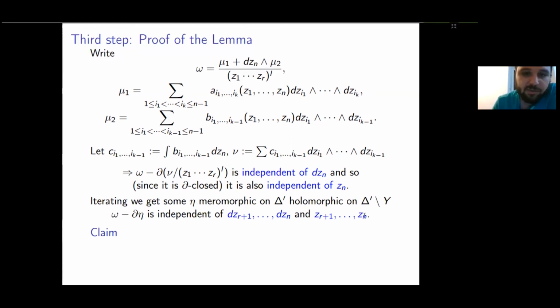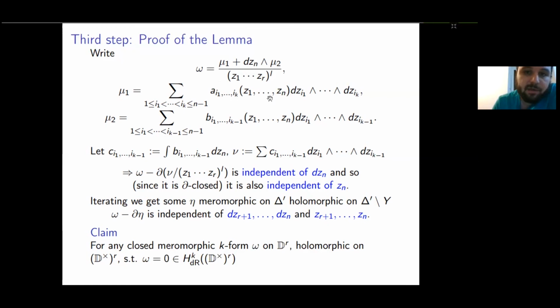So this reduced the proof to the following claim, which is exactly the same lemma, but in this particular setting, right? So this claim says that whenever we take a meromorphic k-form, now defined only on D^r, so we're just thinking of omega as a form depending only on the first r variables, such that it is holomorphic outside the locus, the zero locus of the product of the variables.